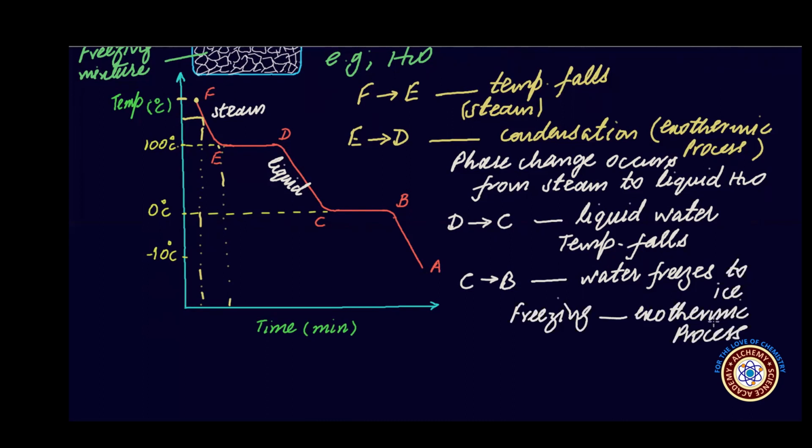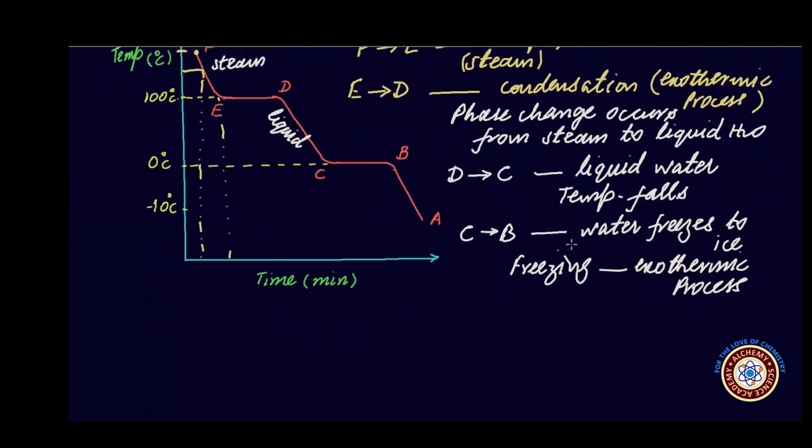So when water freezes, thermal energy is released, and that released thermal energy does not allow the temperature of water to fall from C to B, and hence its temperature becomes constant at 0 degrees Celsius until the entire liquid water turns into ice.